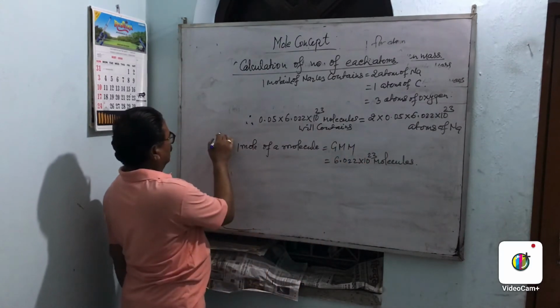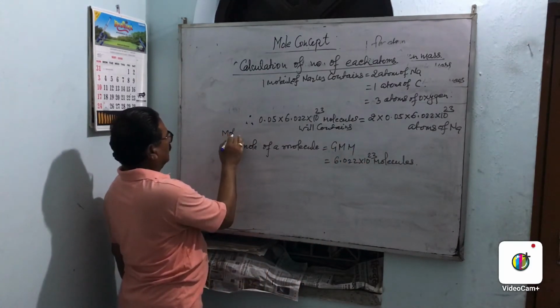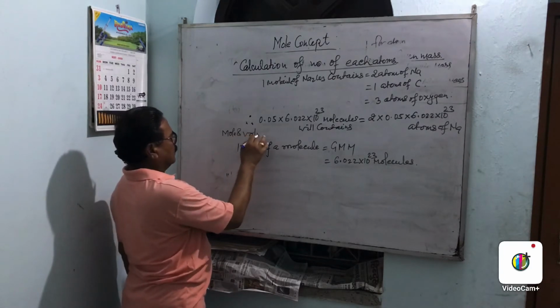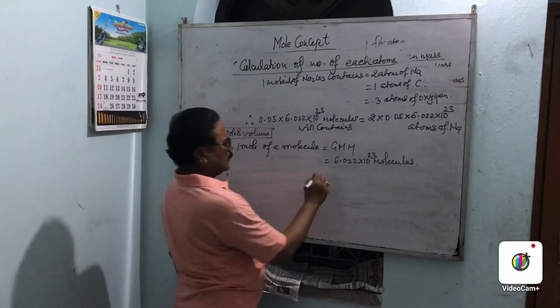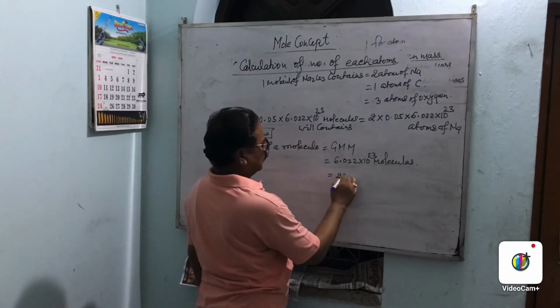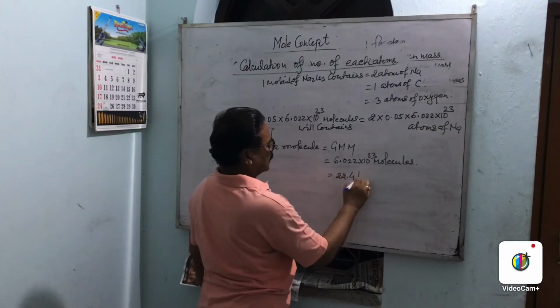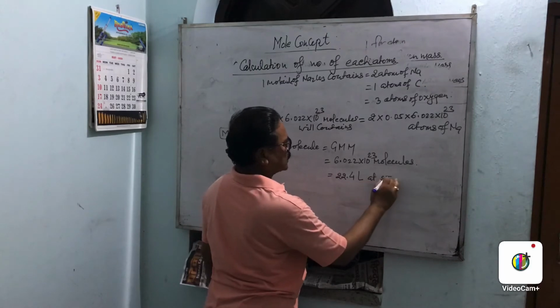That is mole and volume. This is already discussed. Now here it is 22.4 liter at STP.